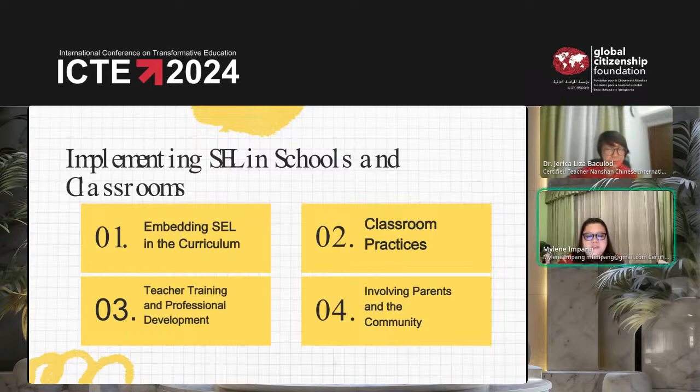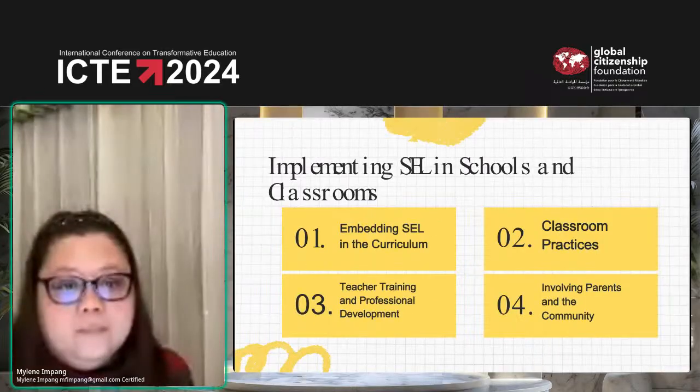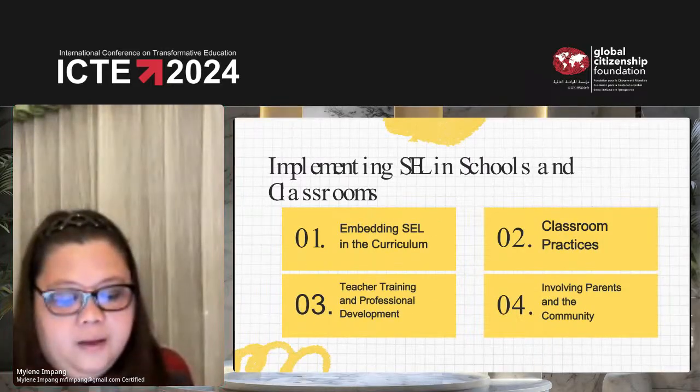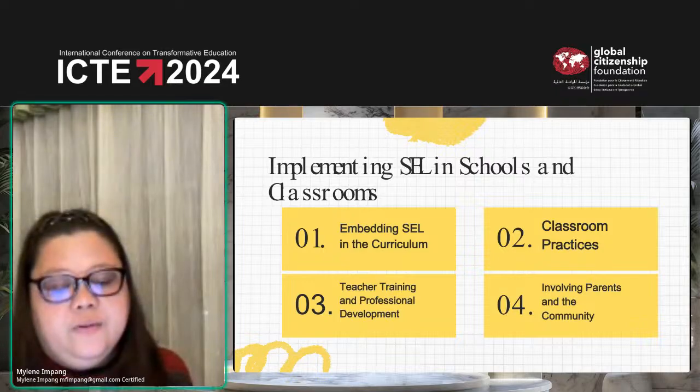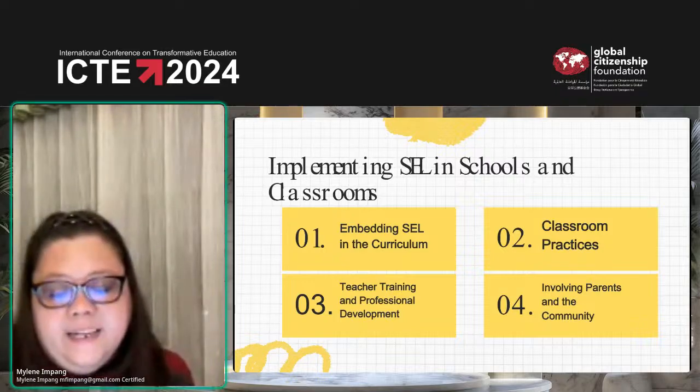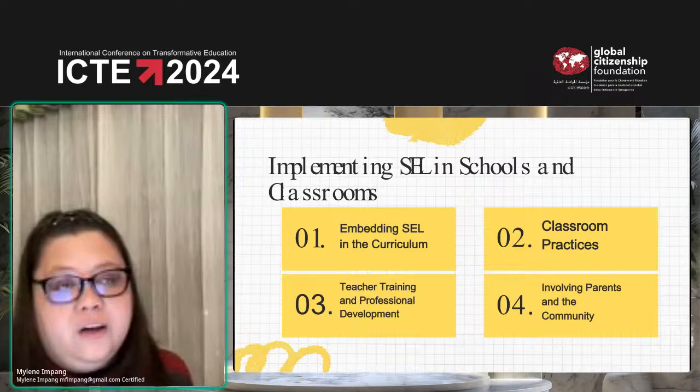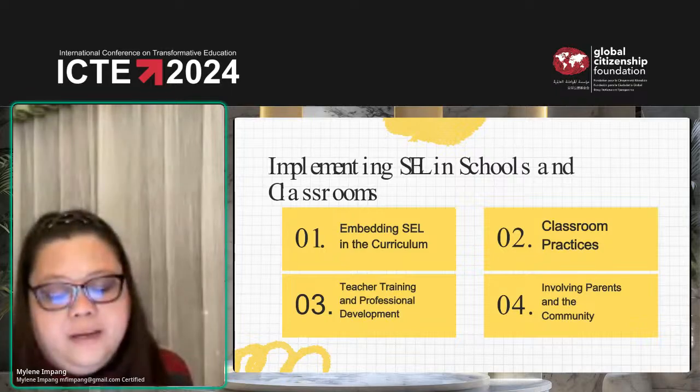Implementing SEL in schools and classrooms. Embedding SEL in the curriculum. SEL can be integrated into existing subjects. For example, in language arts, students might analyze a character's emotions and motivations in a story.